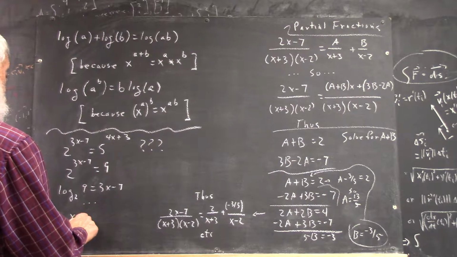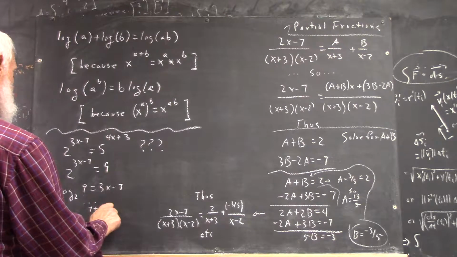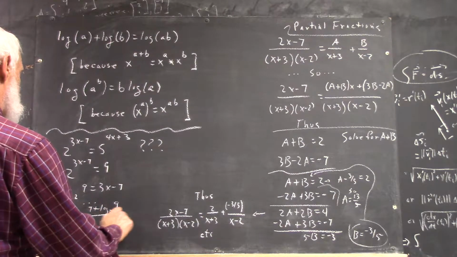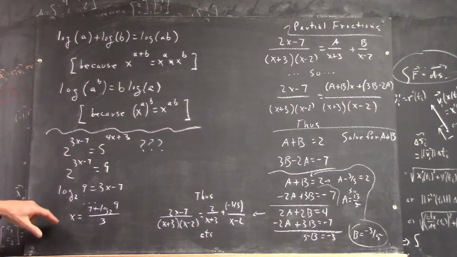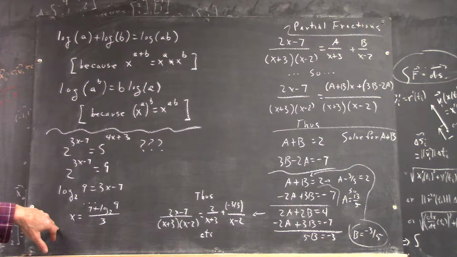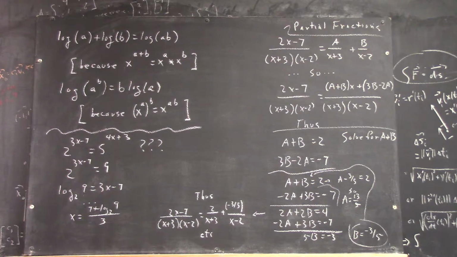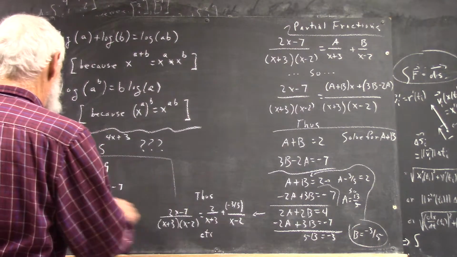And you just solve that. x is going to be 7 plus log base 2 of 9, divided by 3. You know how to do this. You did that on your test, and people did pretty well with this. So if you got a little fuzzy on it, let me remind you. So this is easy.